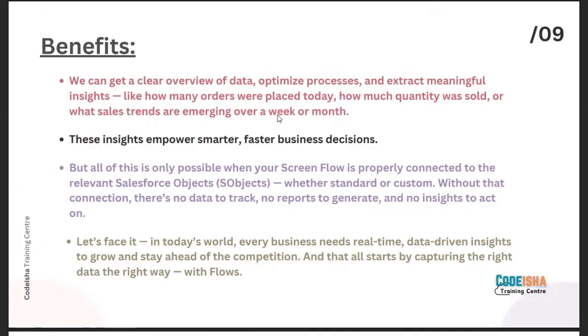So through that data, we can monitor our business growth, revenue growth. Is it a loss and is it a profit? Okay. So these insights empower smarter and faster business decisions.